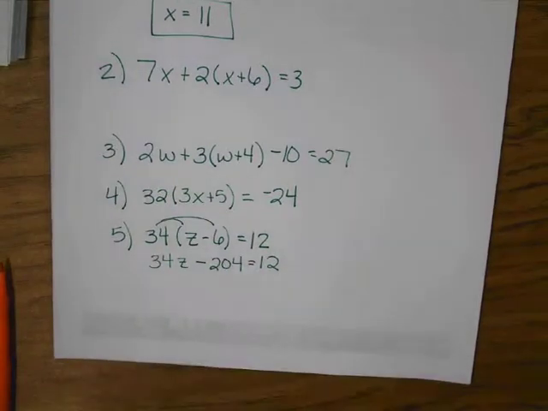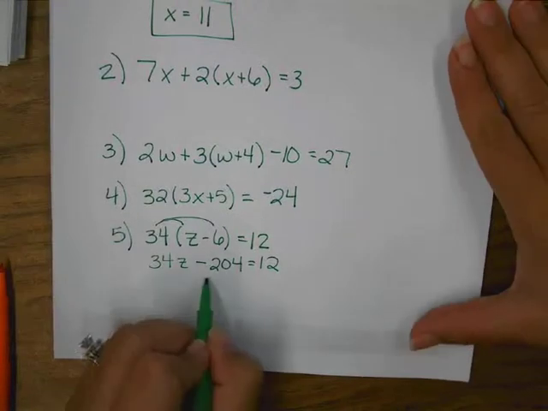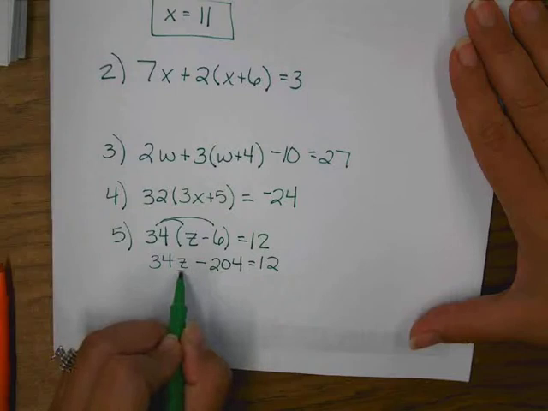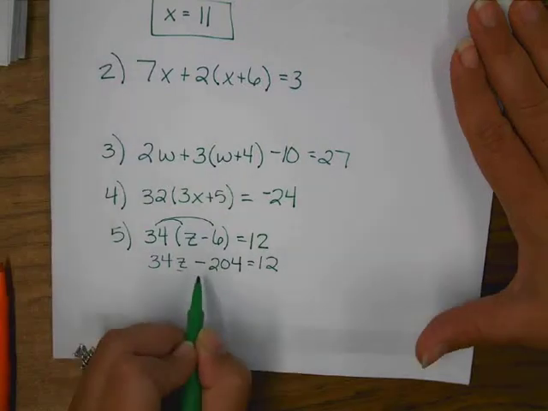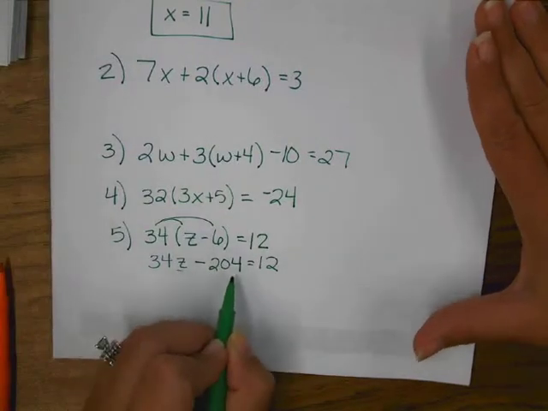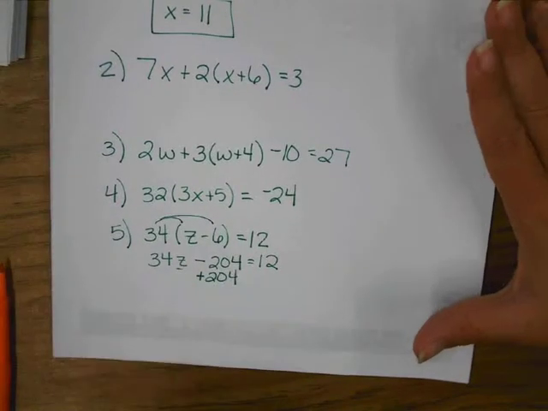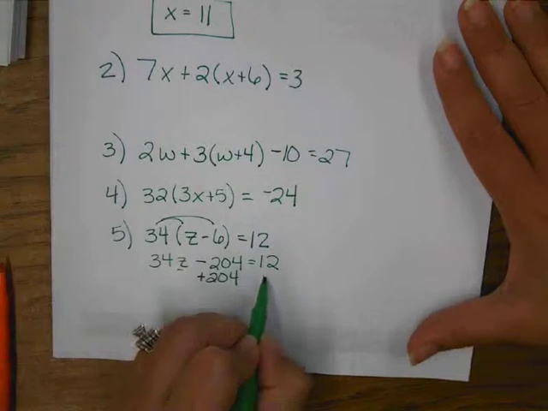Now I'm down to a two-step equation, so we have to start by moving what's furthest away from the variable, which is the minus 204. To undo subtracting 204, we have to add 204. You should ask yourself, where do I add it? And that's to both sides.